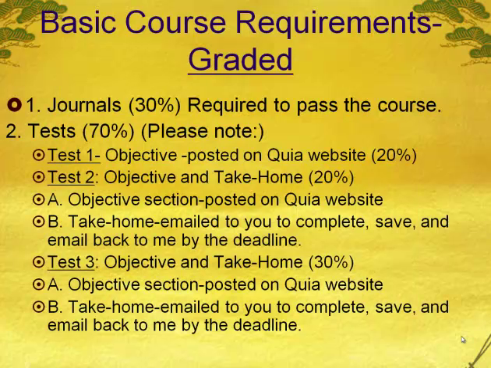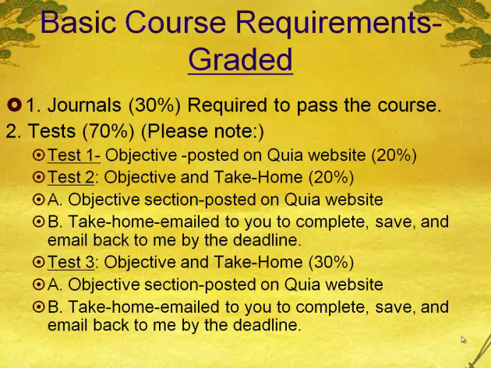Now, the basic course requirements that are graded begin with the journals. The journals are 30% of your course grade, and they are required to pass the course. They are not optional. And then there are the tests; you have 3 tests. The first test is all objective, and it's posted on the KIA website. The second test is objective and take-home.